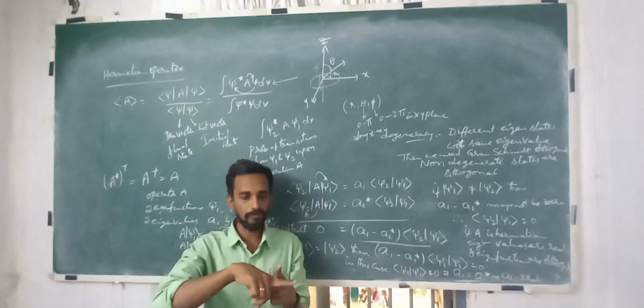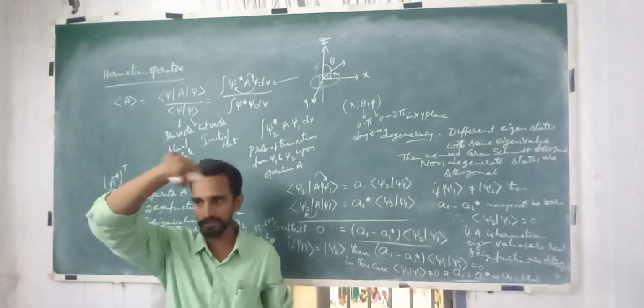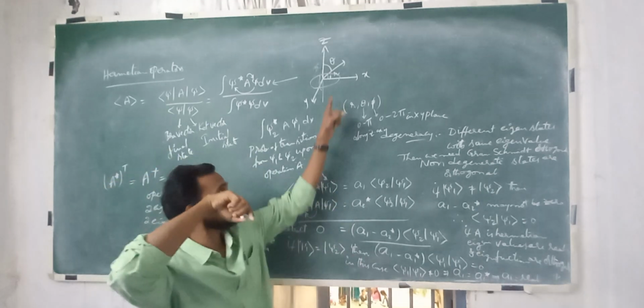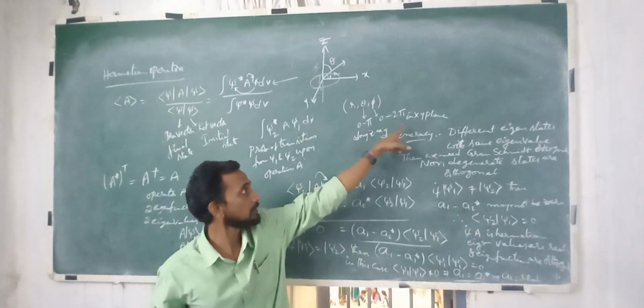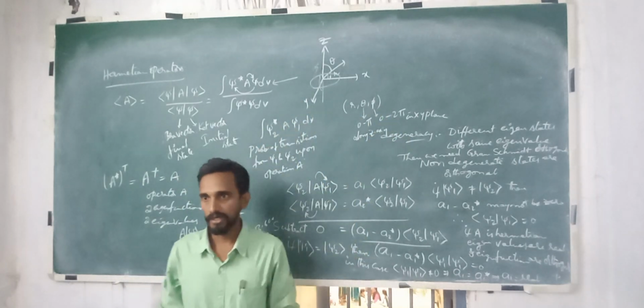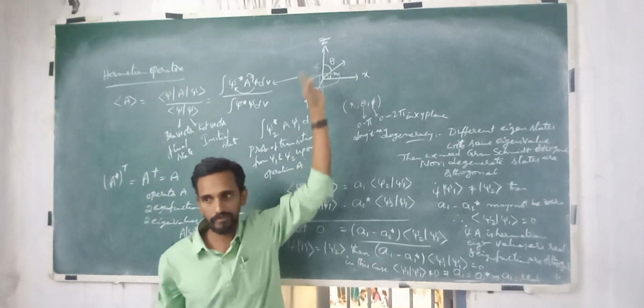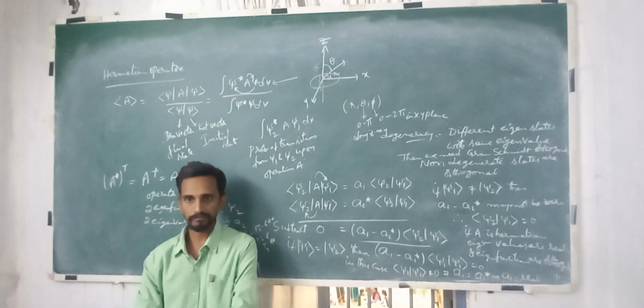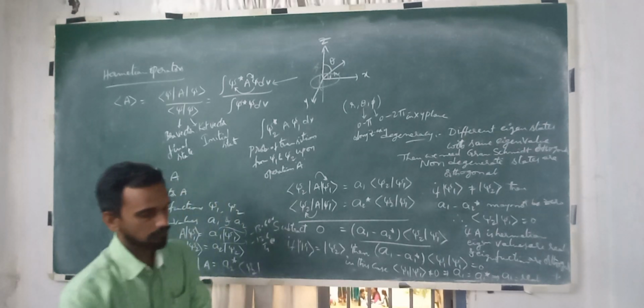So maybe it may be making 20 degrees, 30 degrees, 90 degrees. Out of 360 degrees, where is the location of the given vector on the xy plane? It is given by phi. And what is the orientation it is making with z axis is given by theta. Okay, so these are the three coordinates you need to specify.